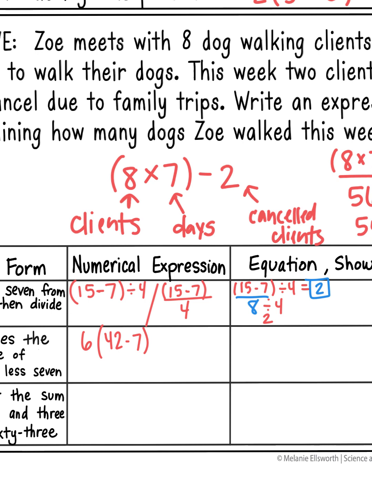So I would do 6 times 42. And then I would do 6 times 7, and I would subtract those two. So over here, I'm going to show 6 times 42.